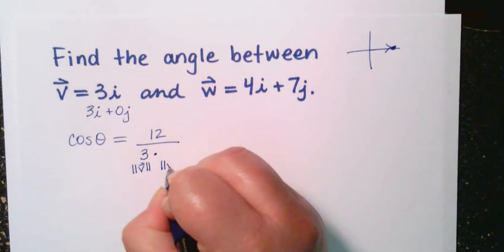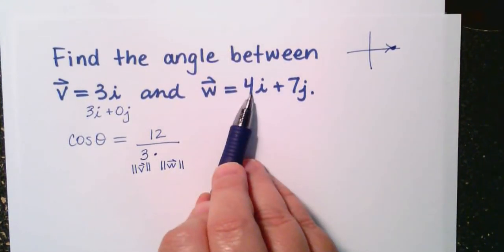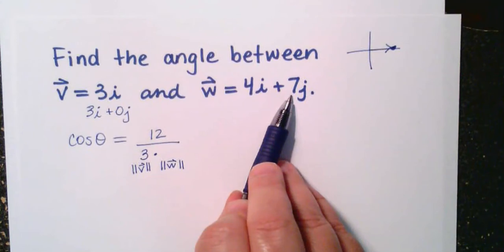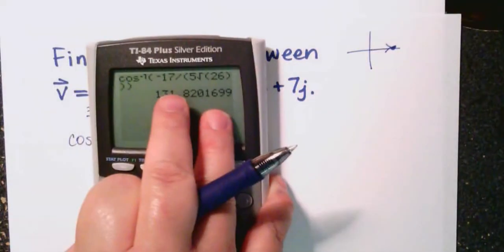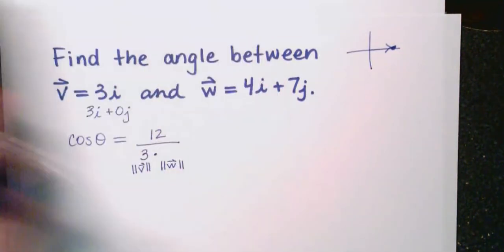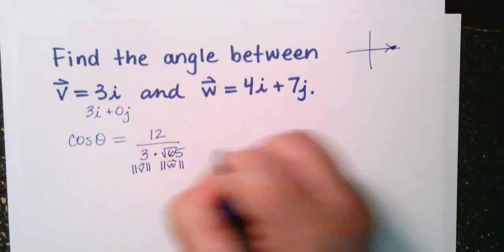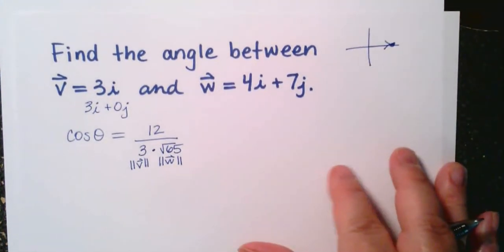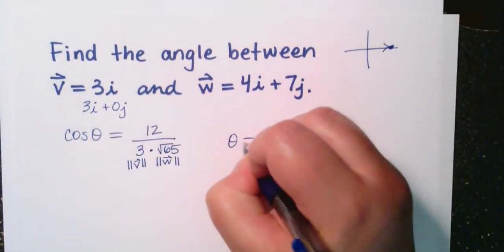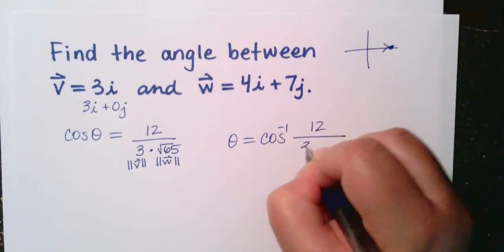And the magnitude of W, we have two components. We're going to have to do the square root of 4 squared plus 7 squared. 4 squared is 16. 7 squared is 49. So that's going to be the square root of 65 for the magnitude of W. So theta is going to be the inverse cosine of 12 over 3 root 65.